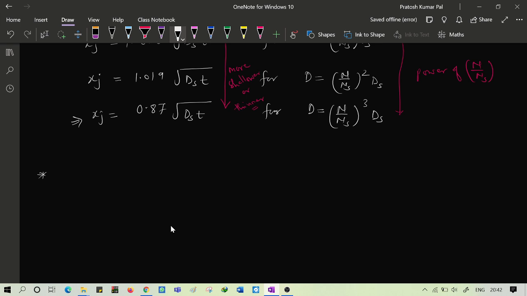As we increase the temperature, the concentration will increase. That means with respect to the impurity concentration, the intrinsic semiconductor will also have a variation in the concentration.